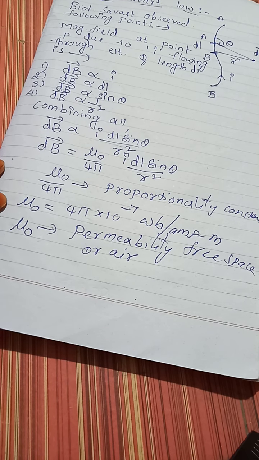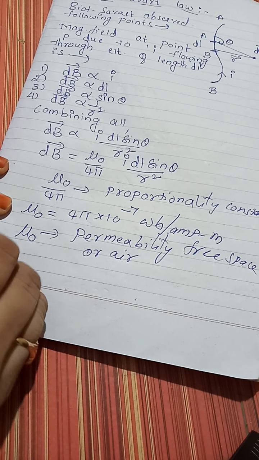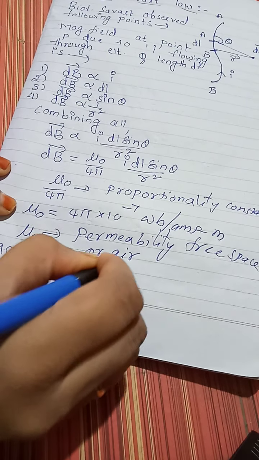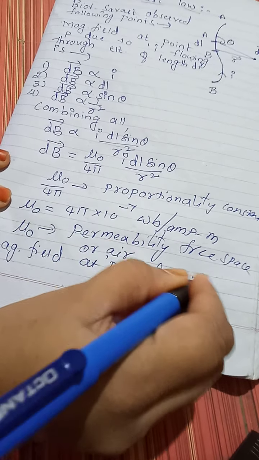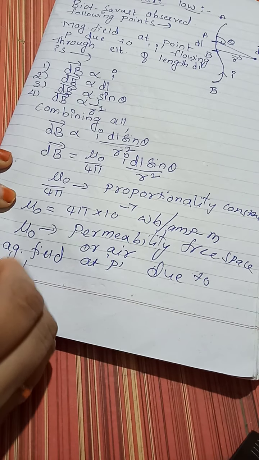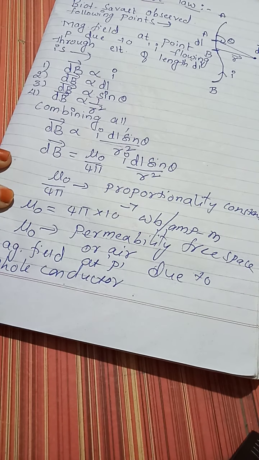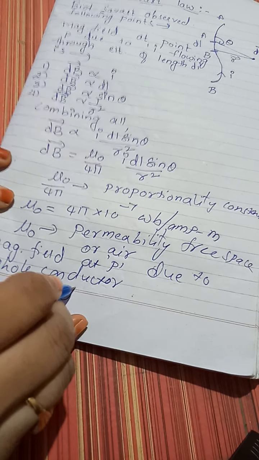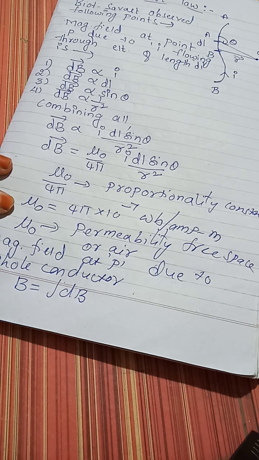Now the magnetic field at point P due to the whole conductor is obtained by integrating this dB.